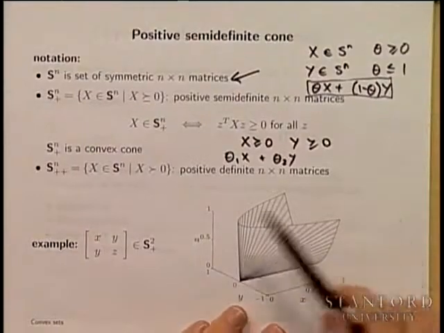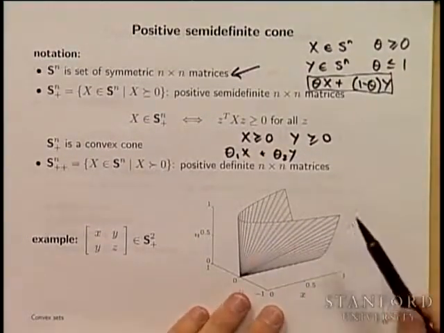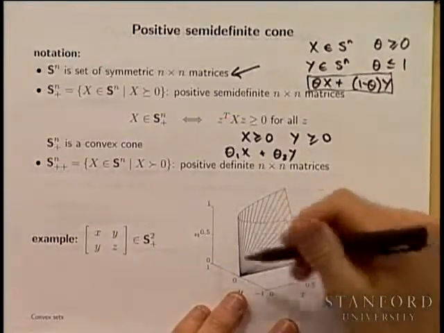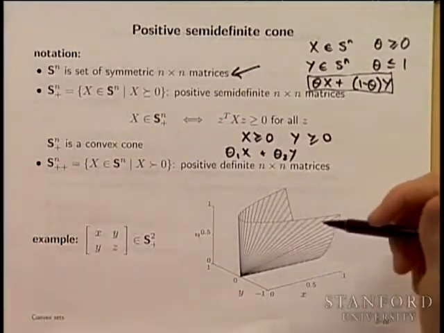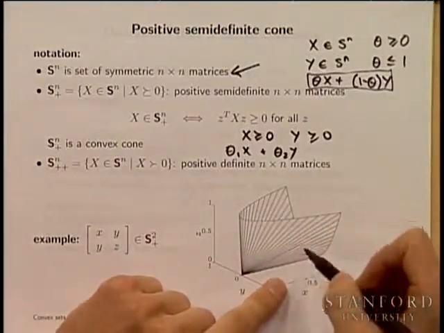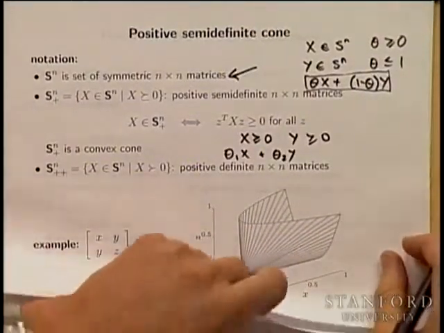Here's an example of what the cone looks like in, I guess, S2 plus plus. So this is a cone of positive semi-definite matrices.